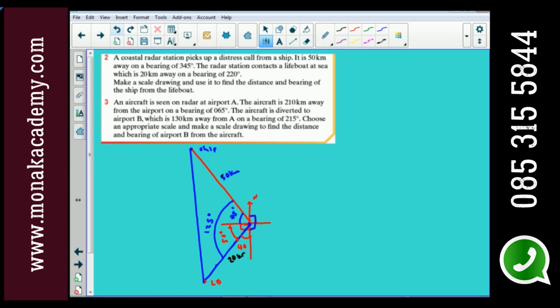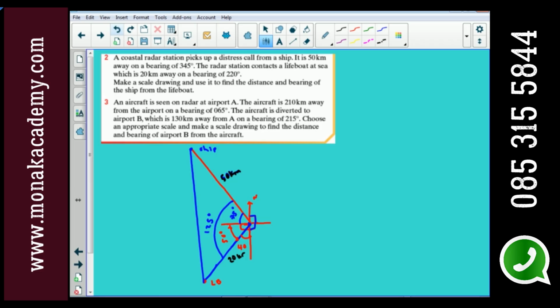Here it's 50 Ks. We want that distance. Should we use cosine rule? What if we try to use Pythagoras? Do you think it will work? It won't, eh? Okay.